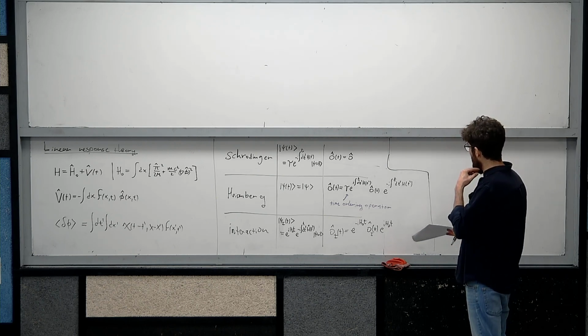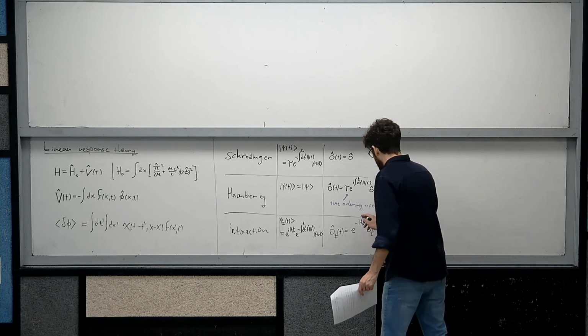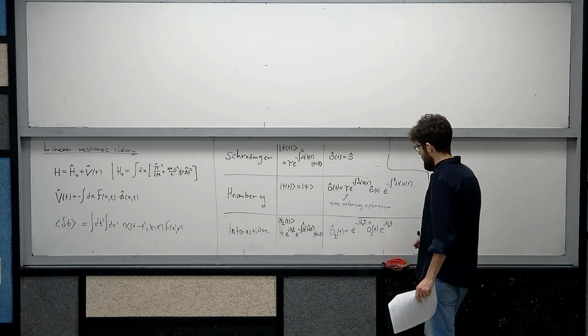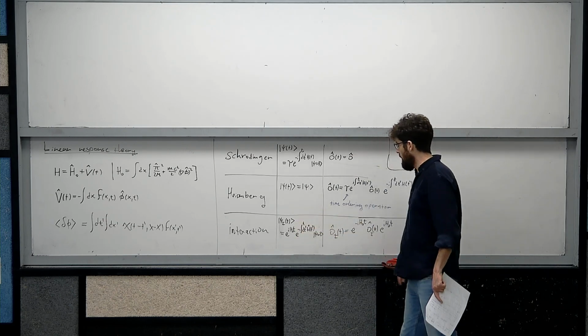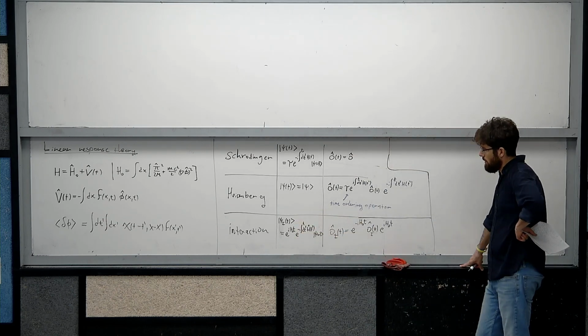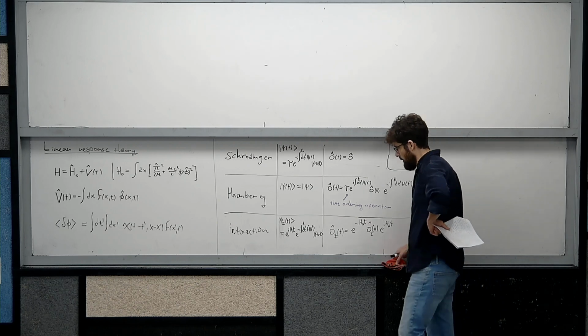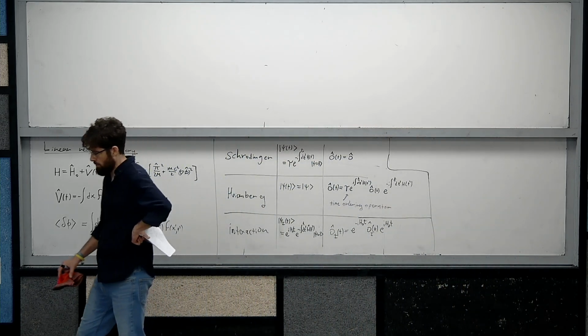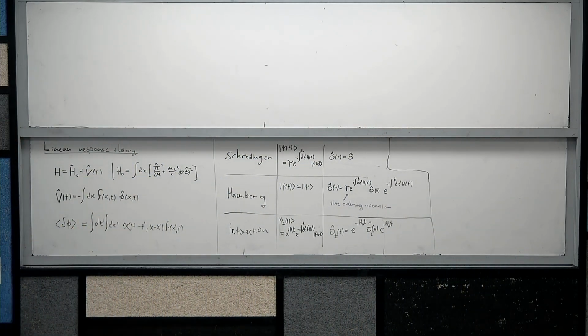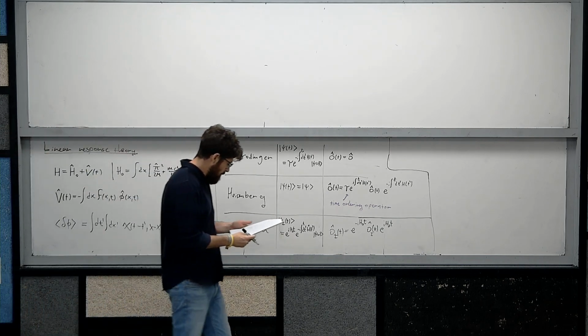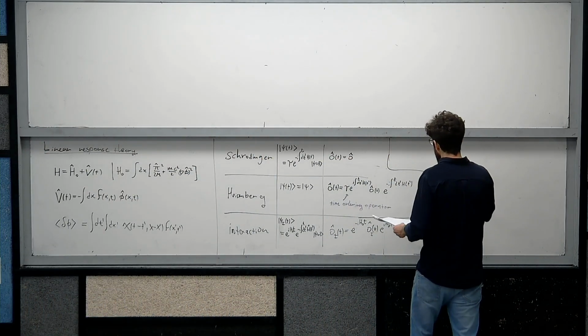And what I was about to argue when we finished the previous class was that in this interaction picture, you actually evolve the wave function only using V. And now we're going to see that. So what I want to argue basically, so let's look at this thing.